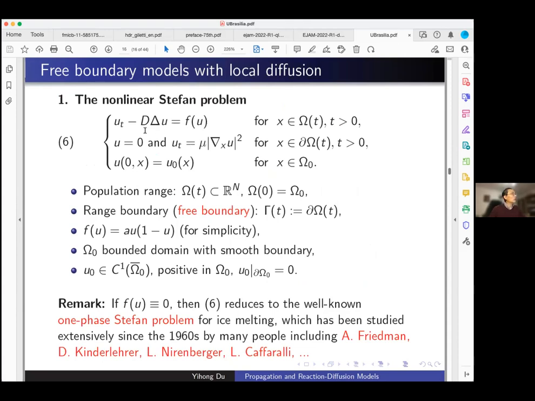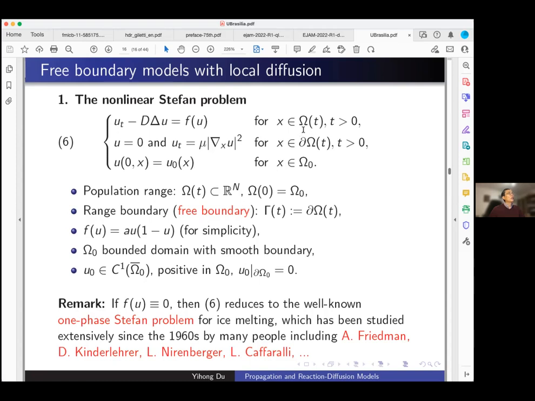So we use the same equation, but assume that it holds over the population range, which changes with t. At the boundary of the population range, we assume the population density is 0, and outside, of course, there's no population. And we have an initial population, U0.